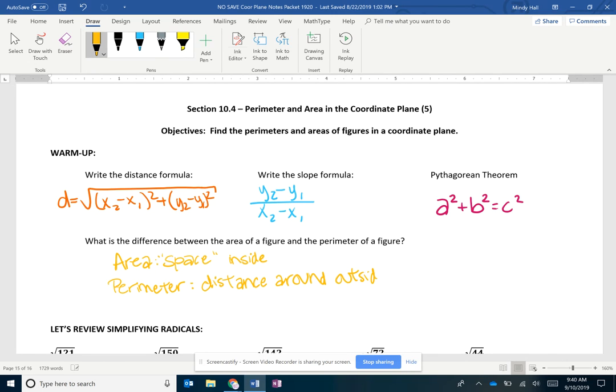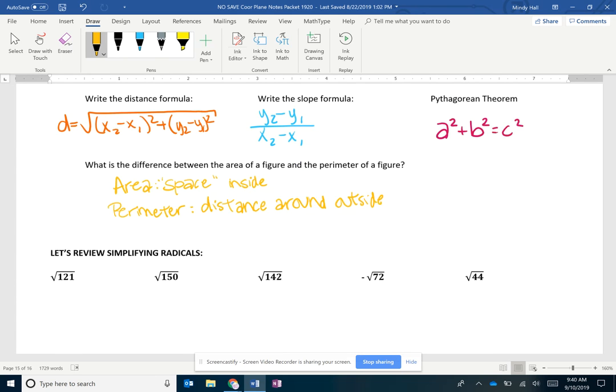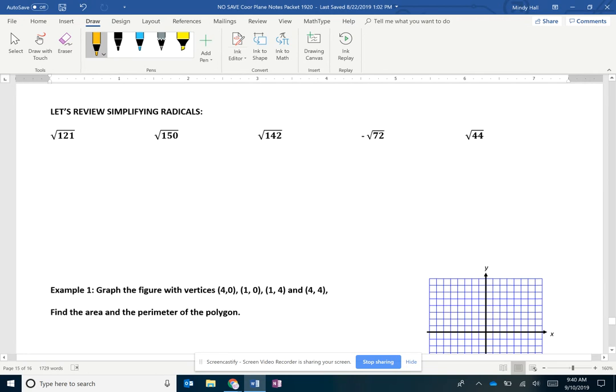A memory trick is to think about the movies where they say we have to check the perimeter, they have to go around the entire thing. The perimeter is around the entire thing. It's like your boundaries.